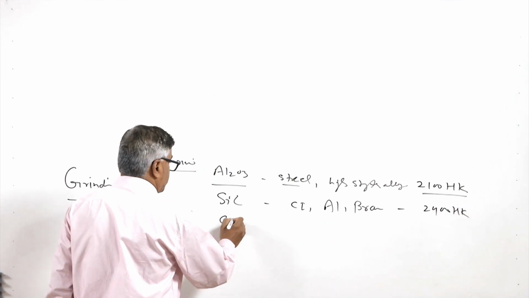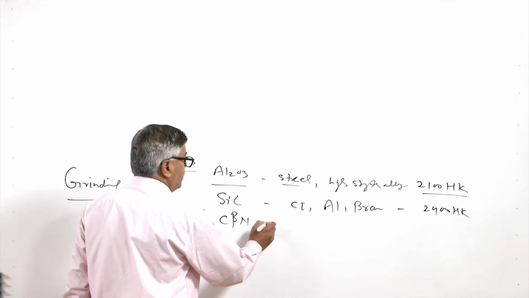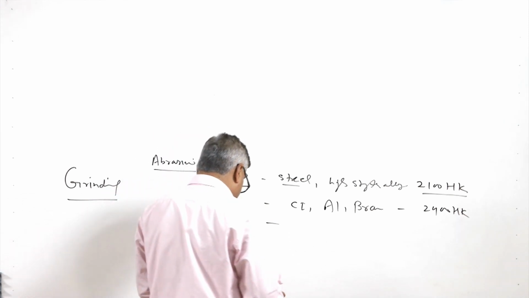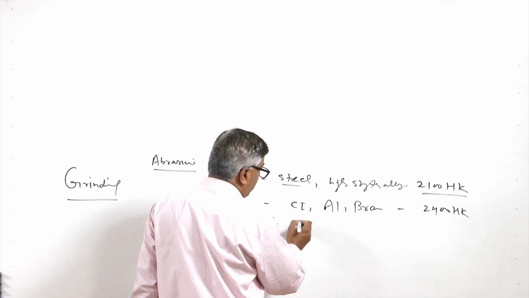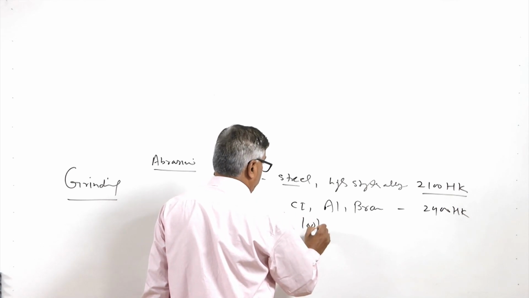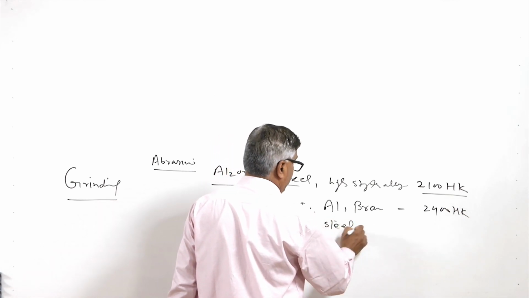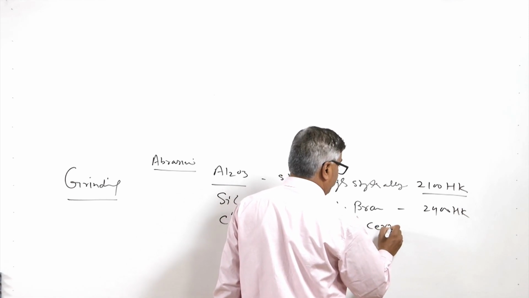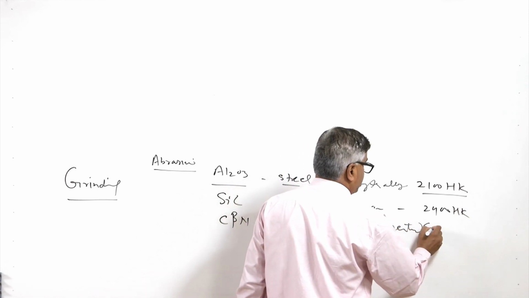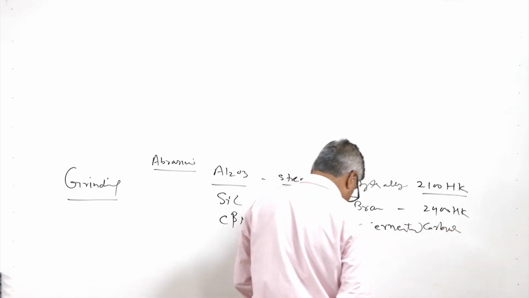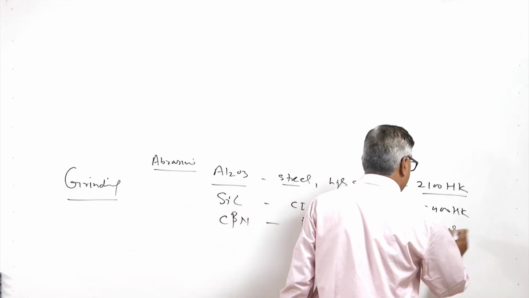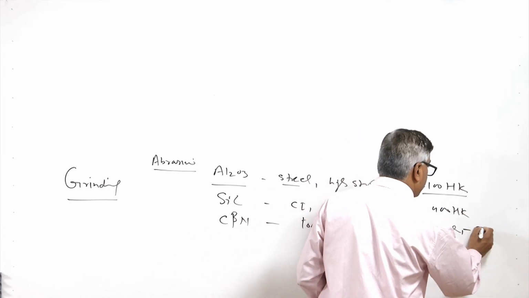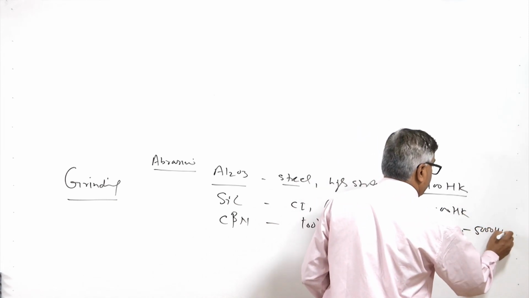Then we have cubic boron nitride. Cubic boron nitride is used for grinding tool steels, hardened steels, cemented carbide tools and aerospace alloys, and its hardness is much higher, like 5000 HK.